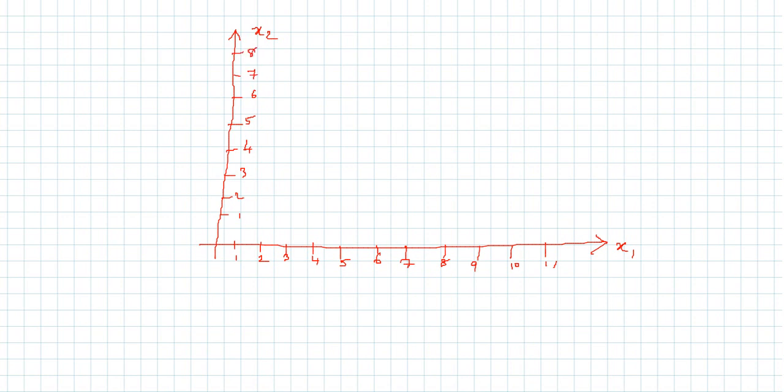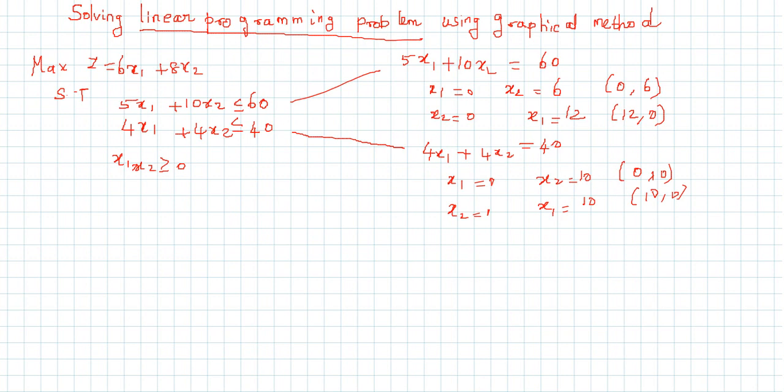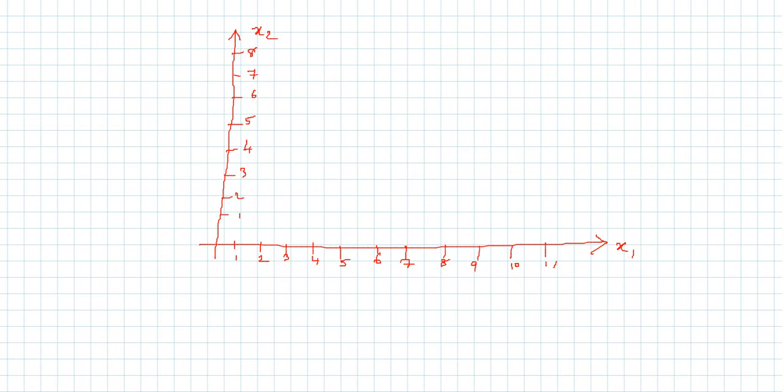So for the first constraint, this will be (0, 6), and then we have (12, 0) here.